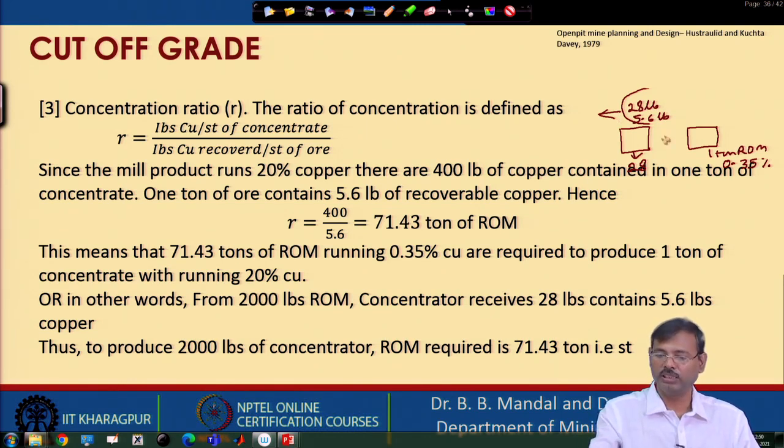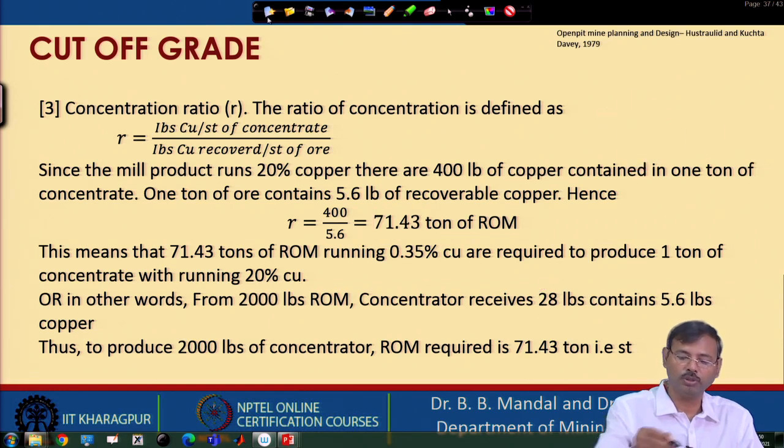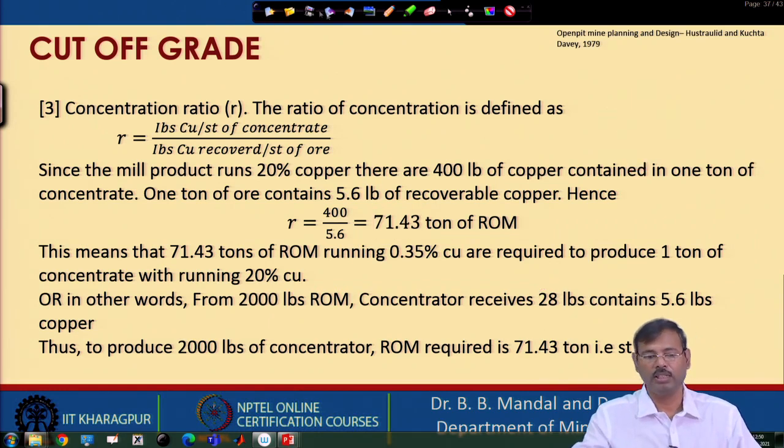So, this we have calculated here, 28, and we also found that 71.43 ton of ROM is required to generate 1 ton of concentrate, which we will use in our next calculation.